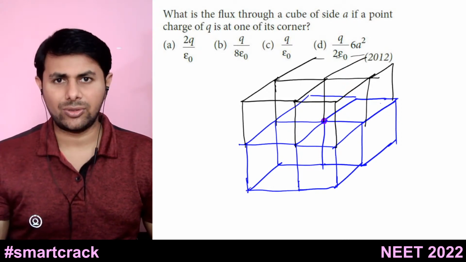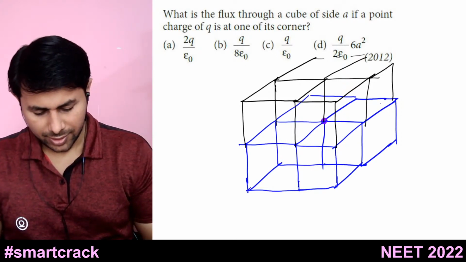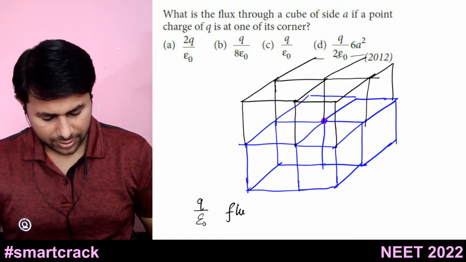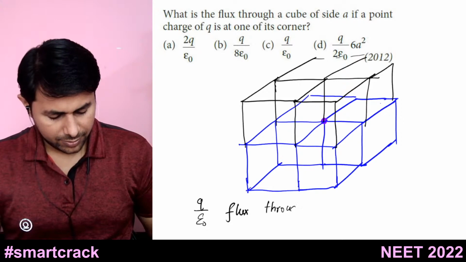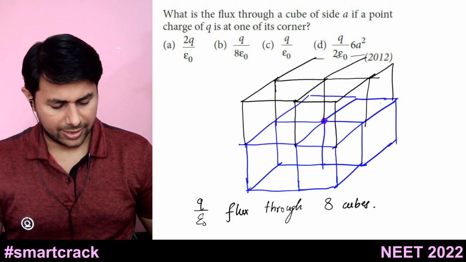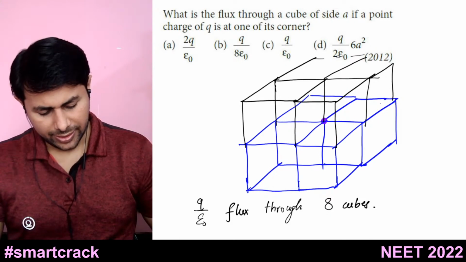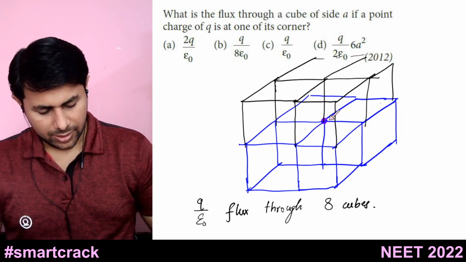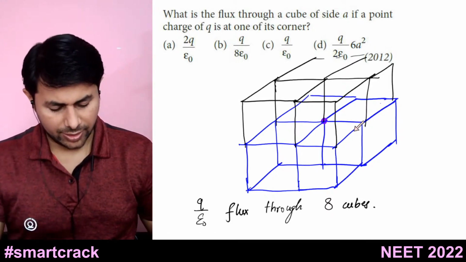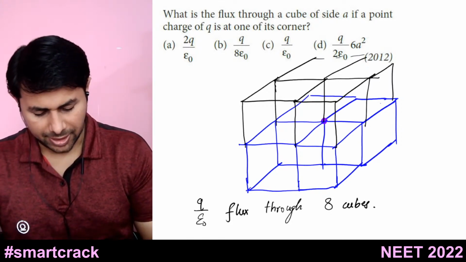It will be Q divided by 8 epsilon naught, because Q upon epsilon naught is flux through these 8 cubes kept like this, and therefore flux through the cube with which we had started, where the charge was at one of its corners, is Q divided by 8 epsilon naught.